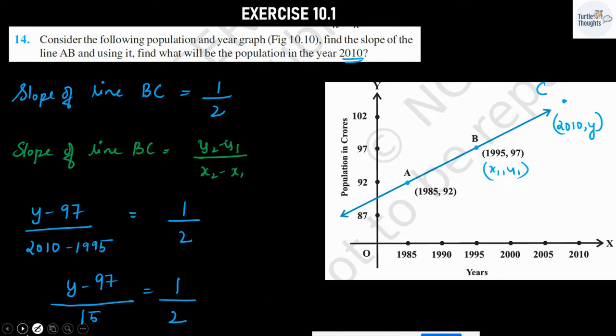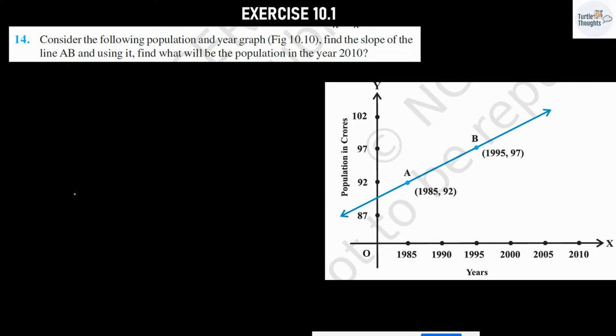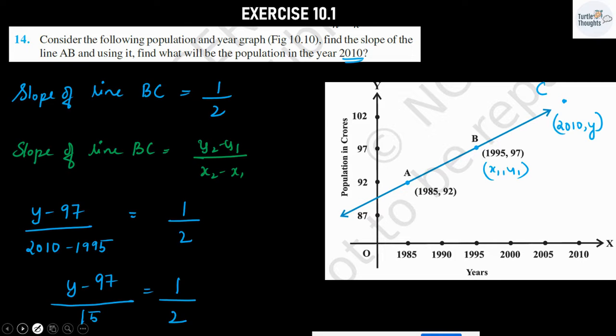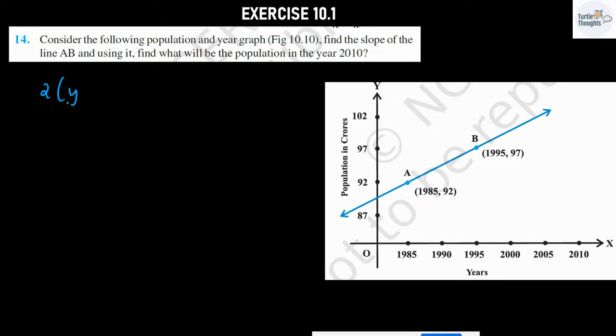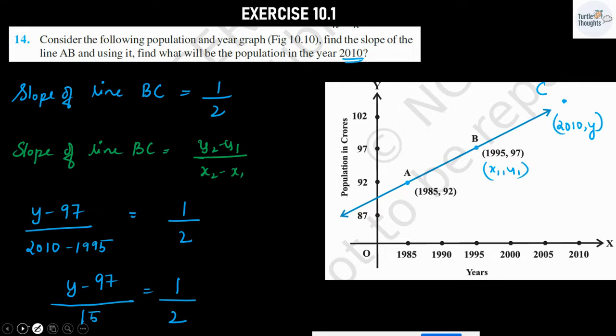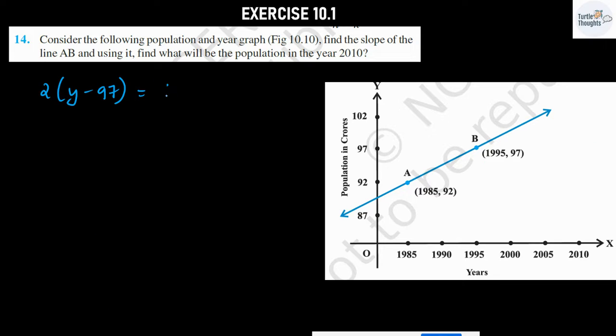Yes, now I can take the cross product. Taking the cross product, I will be getting 2 multiplied by y minus 97 is going to be equal to 15 into 1. So I can write over here 2y minus 97 into 2. What is 97 into 2? 194.